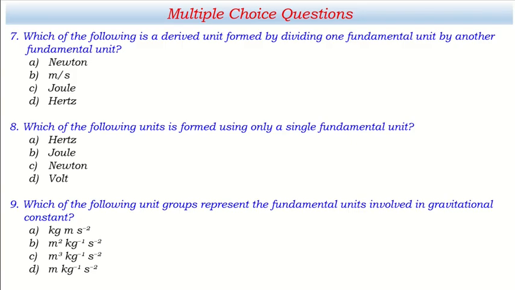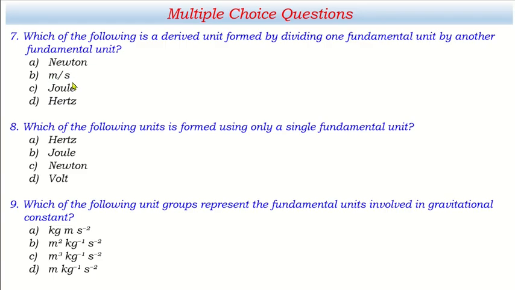Which of the following is a derived unit formed by dividing one fundamental unit by another fundamental unit? Is it Newton? No, Newton is not, because the expanded form of Newton is kg meter per second square. It has not only 2 units, more than 2, and that's why we don't have to consider this. Meter per second, yes it is, because the fundamental unit of length, meter, is divided by the fundamental unit of time, second.